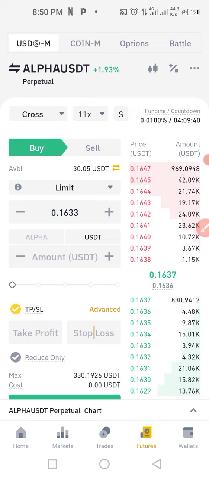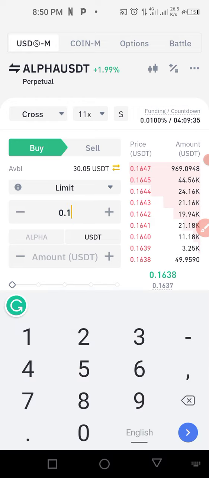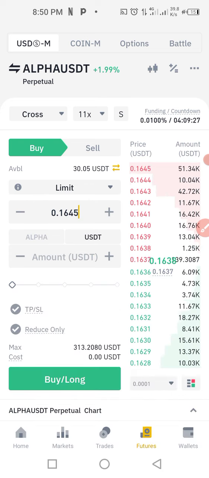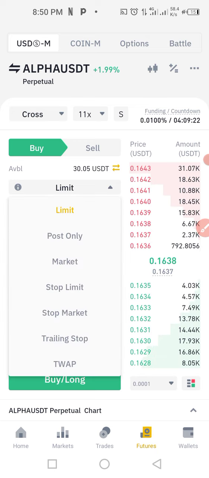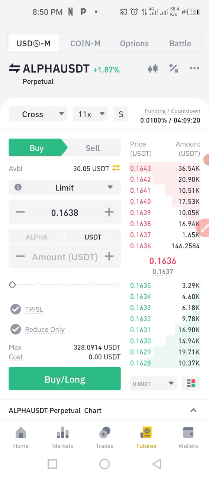So I want to enter this market at 0.1645. That is when I want this market to be live for me. So for me to do that, I need to select limit. It means that you can adjust the entry price.